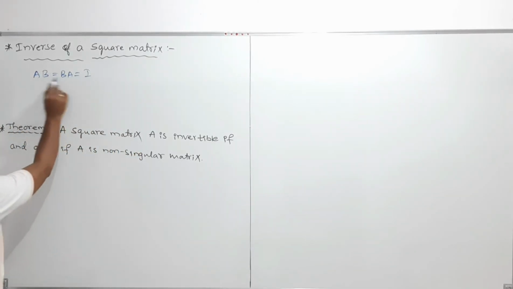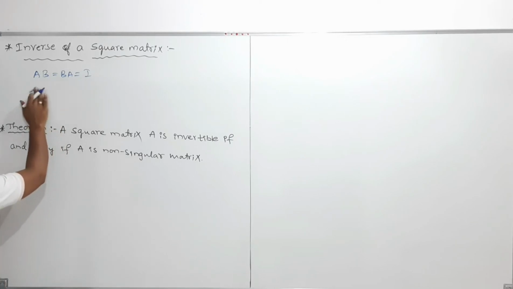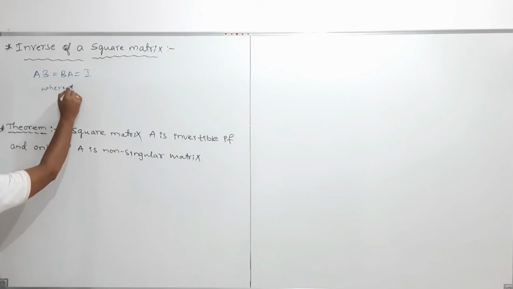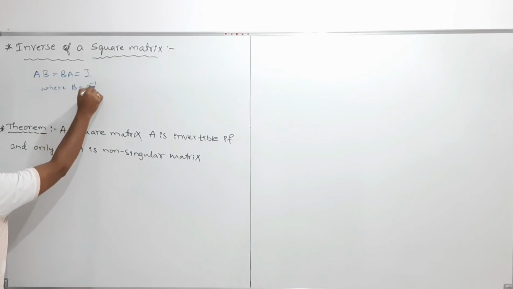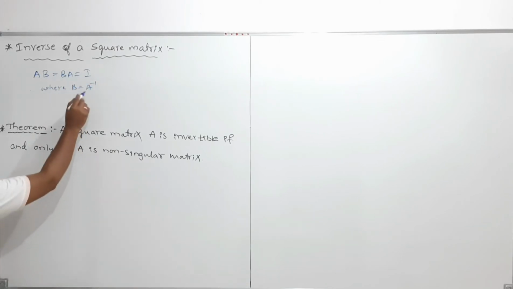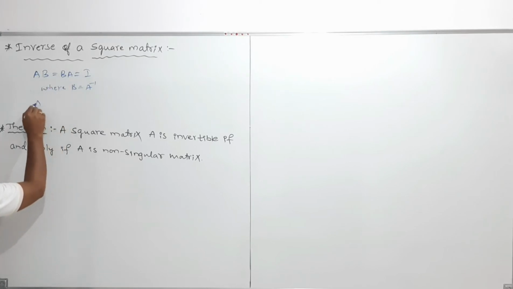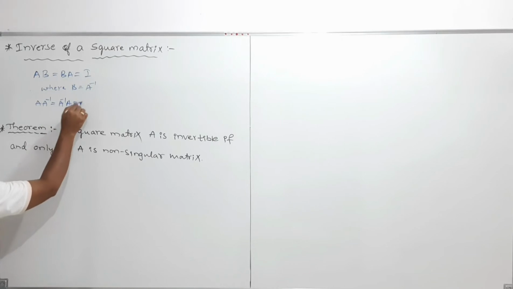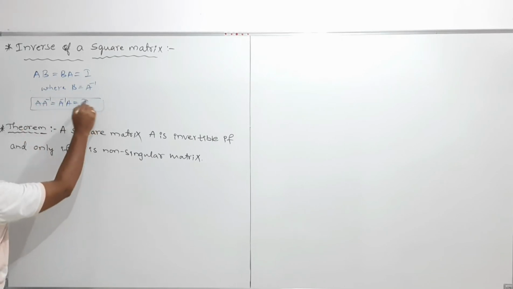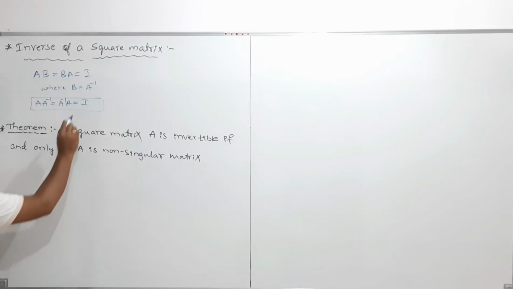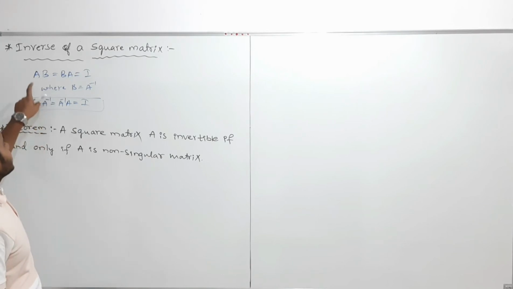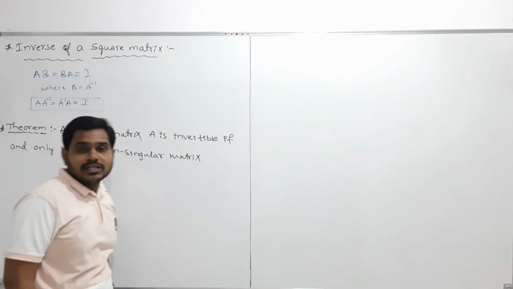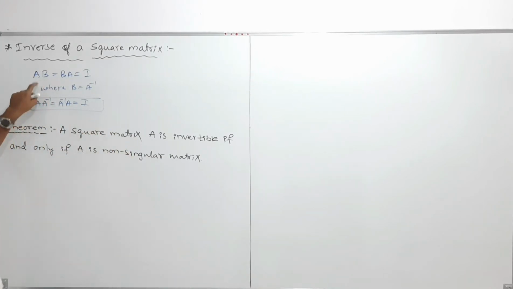Or else, my dear students, you can write B as A inverse. So either you can write A into A inverse equals I, or A inverse into A equals I, where I is the identity matrix. If this condition is satisfied, then A and B are invertible to each other, and B is called the inverse of A and A is called the inverse of B.